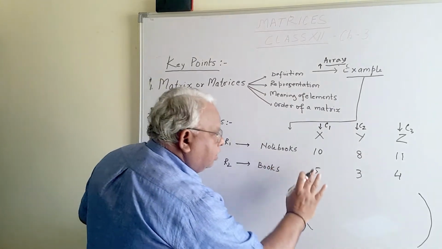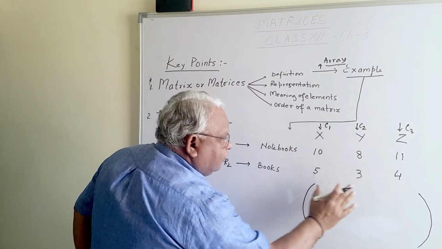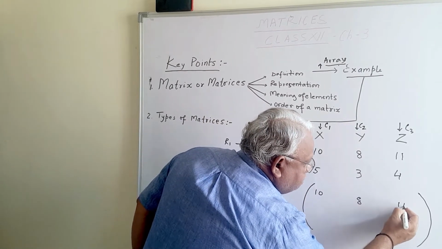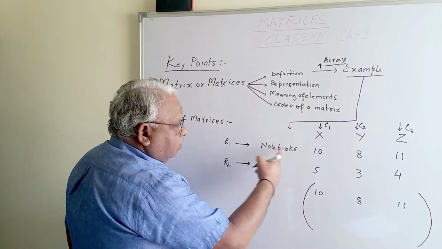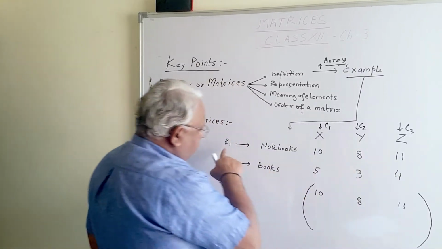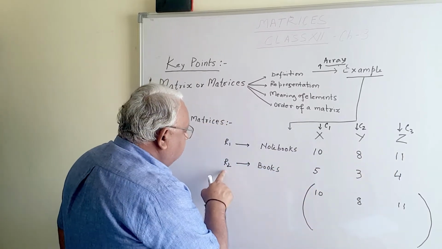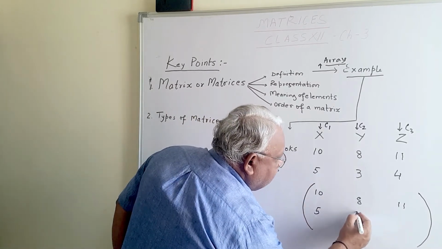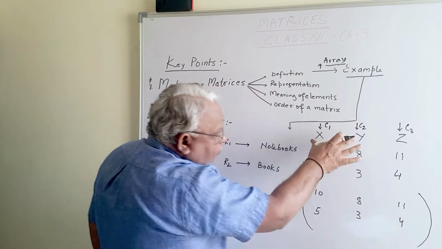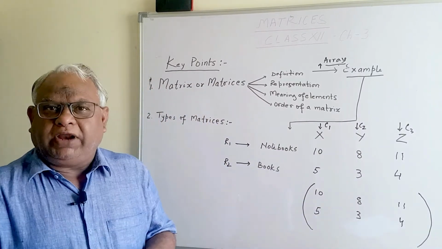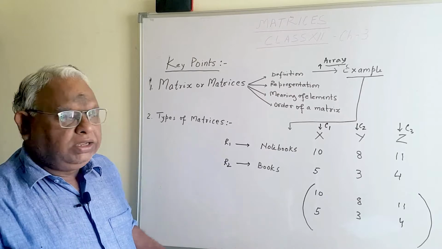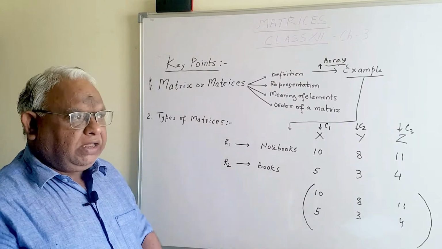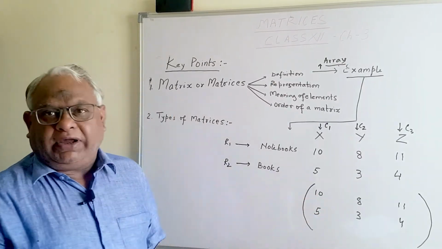Array is the representation of this data as 10, 8, 11, which is here for the notebooks in the form of R1, and books which is defined as R2, and it is written as 5, 3, 4. If you look at this transformation of data in the form of an array, the same data looks like this, but it is more systematic and it has got a perfect meaning.